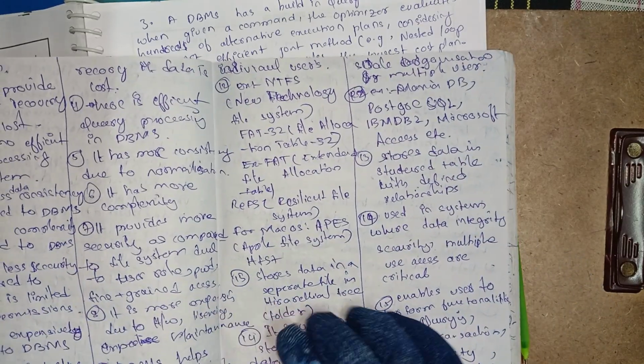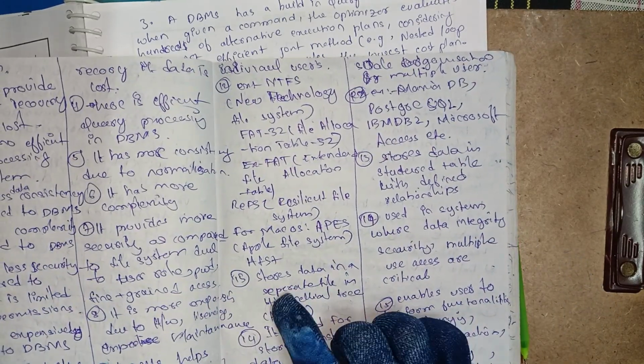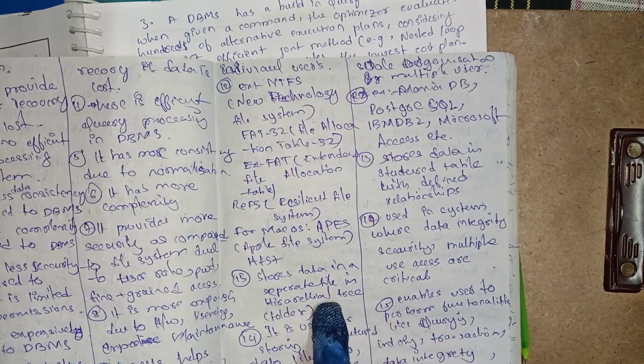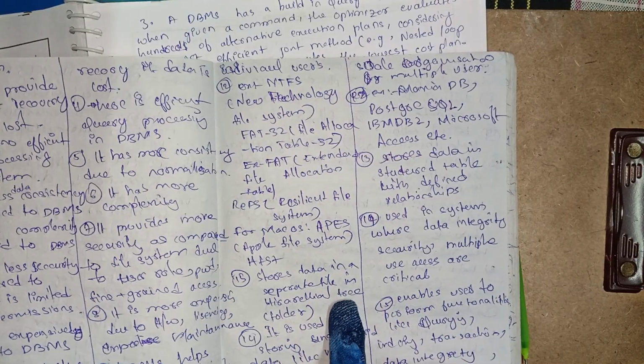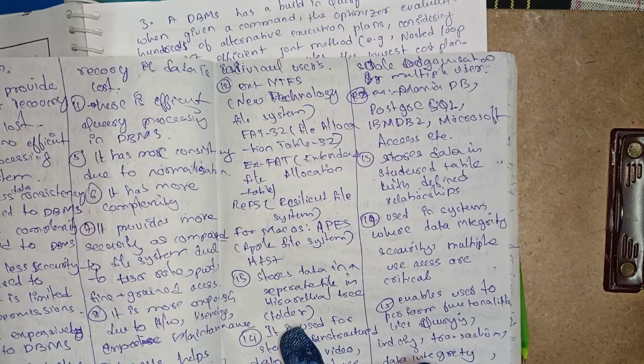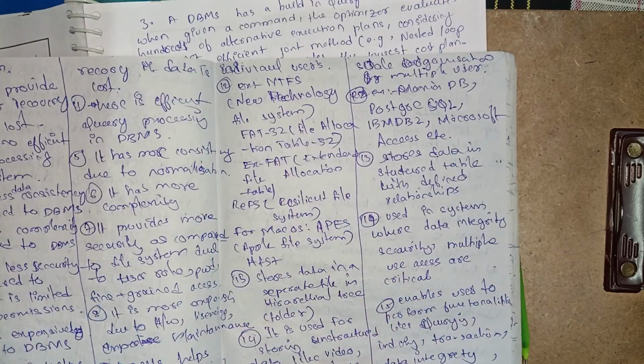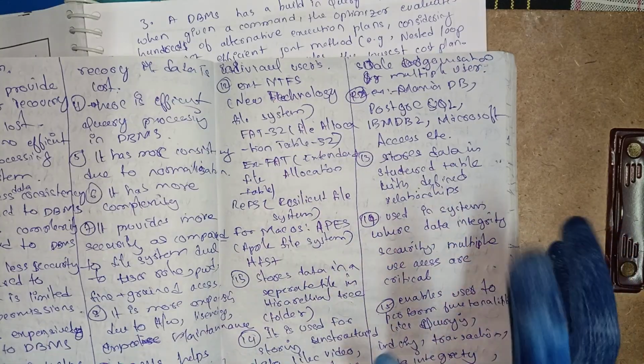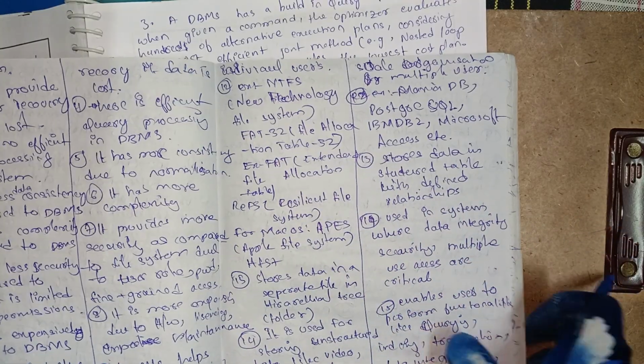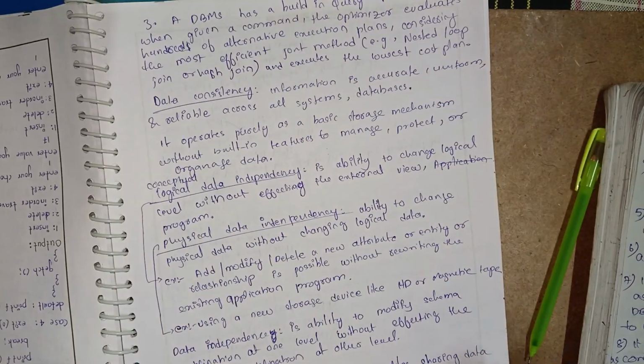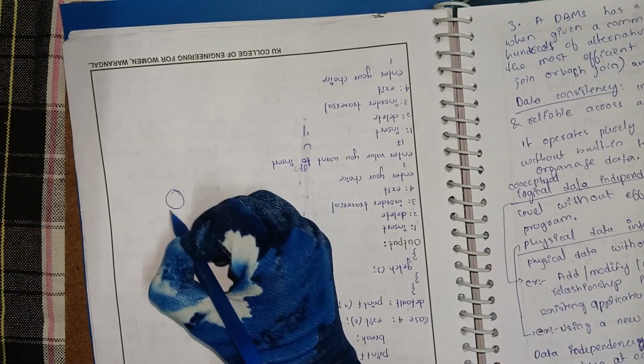And next, the file system stores data in separate files in a hierarchical tree. The folders and file structures are like a tree. You already know the tree structure. It will be like this.